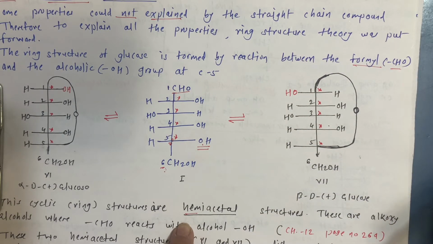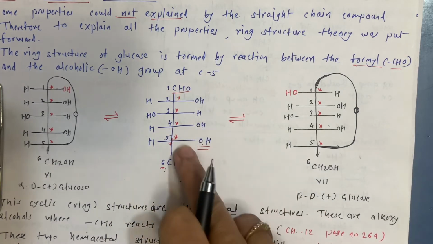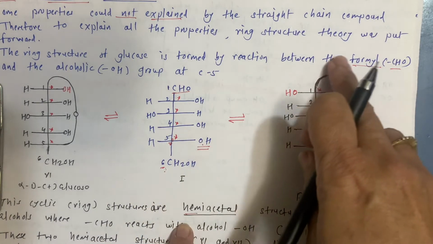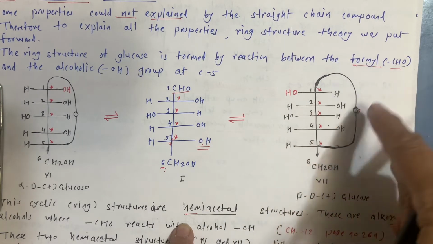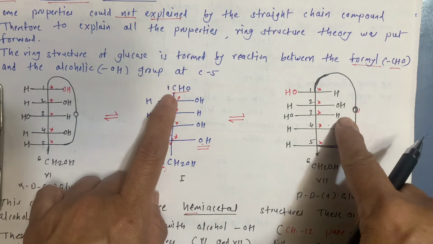Alkoxy alcohol means the aldehyde group reacting with the alcoholic group, and there is formation of a ring, and in that ring there is O.